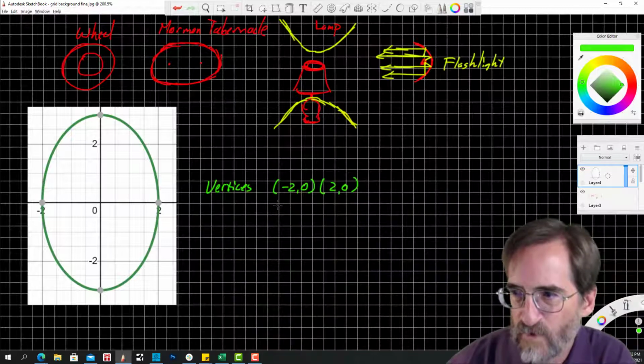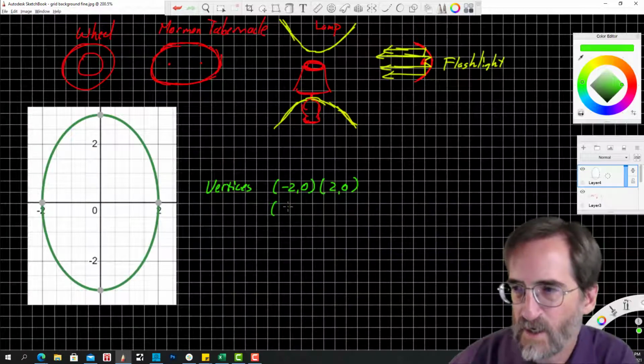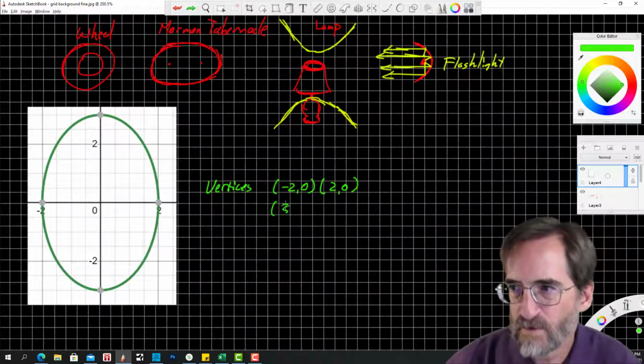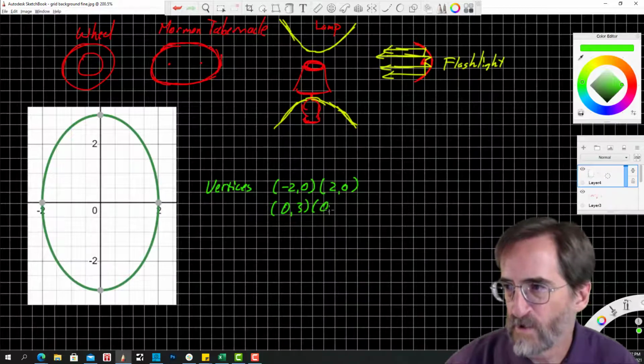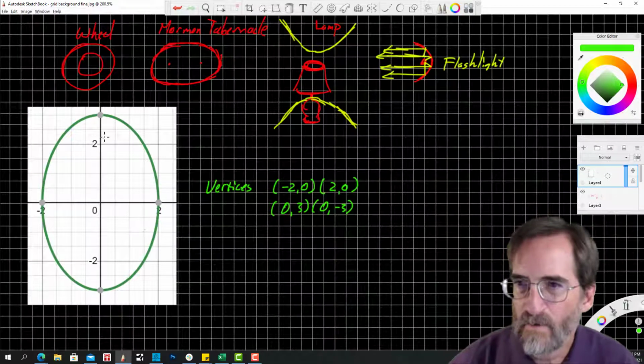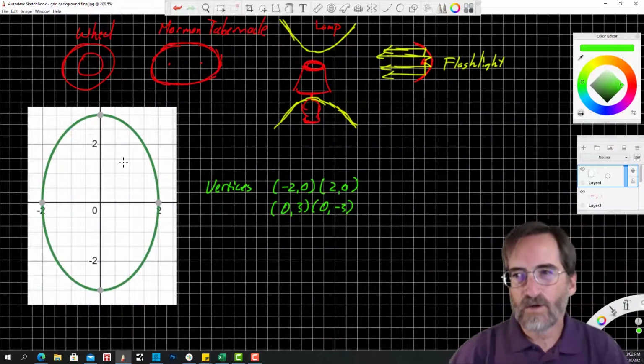That's for the minor axis. The major axis, the major vertices are 0, 3, and 0, -3. Okay, and we need to find where the focus is.